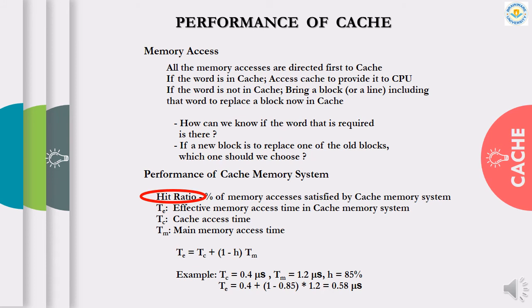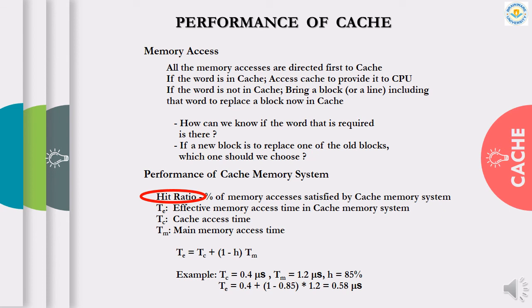The average memory access time, or TM, is the weighted average of the cache access time, TC, the average access time for the cache, plus the access time for physical memory, called TP. The weighting factor is the hit ratio, or h.